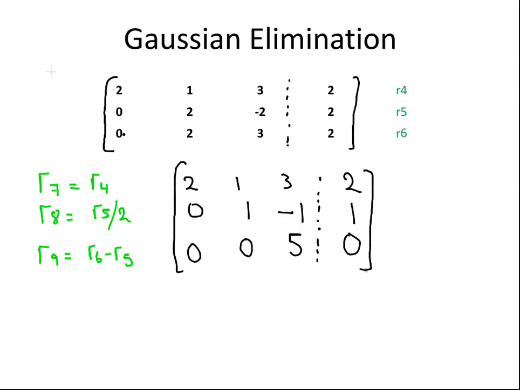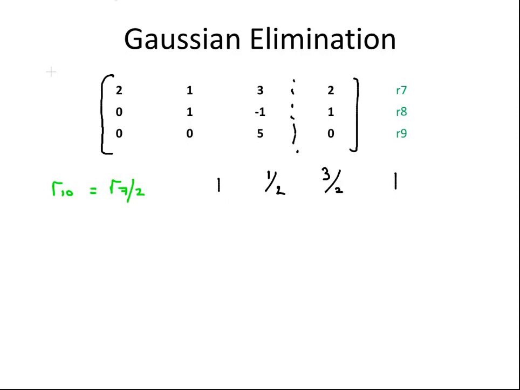And we're actually quite close to being finished now. This was the last iteration, and all we have to do here is just finalize it. So R10 is the next row, and that's simply R7 divided by 2: 1, a half, 3 over 2, and 1.